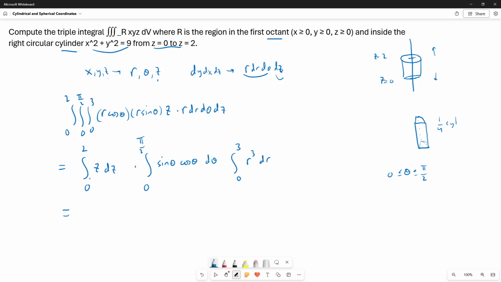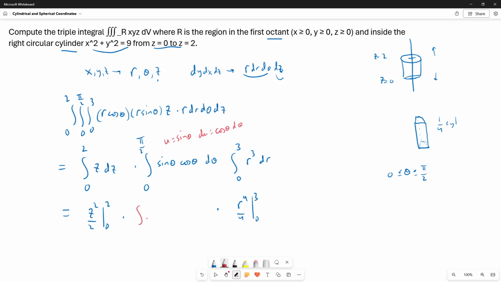So the integral from 0 to 2 of z gives z squared over 2 from 0 to 2. The integral of r cubed gives r to the 4th over 4 from 0 to 3. And for this integral, we might prefer to do u substitution: u equals sine theta, du equals cosine theta d theta.